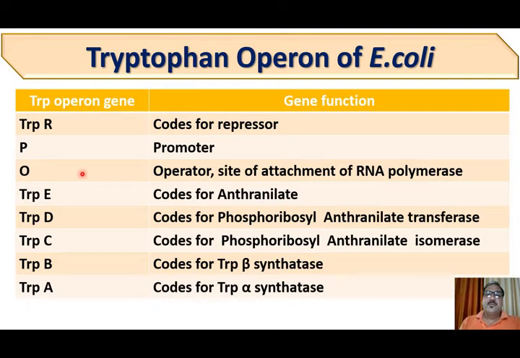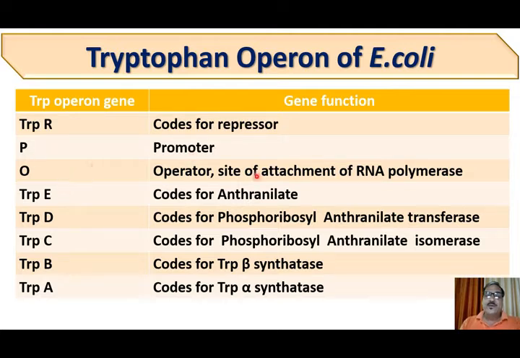Now here is a table showing the function of each of the tryptophan operon genes. The trpR gene codes for the repressor. P is the site of the promoter.